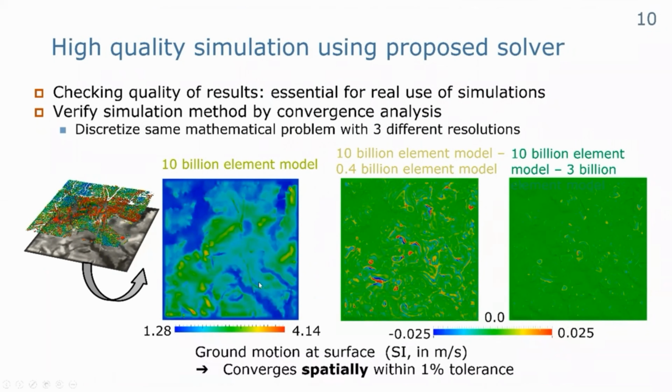Here is the distribution on the surface, and the difference between the 10 billion element and 0.4 billion element, and 10 billion minus 3 billion element, so that we can see the response is converged.